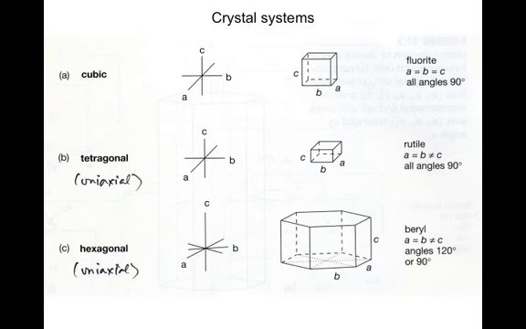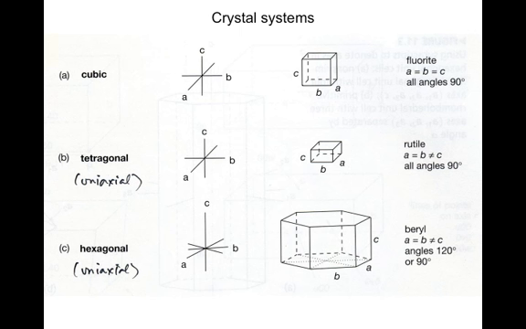Let's look a little bit more closely. Here are the first 3, the cubic, tetragonal, and hexagonal crystal systems. The cubic crystal system, as in fluorite, has the 3 crystallographic axes all the same length, so that's why this says that A equals B equals C. And the angles between those crystal axes are all 90 degrees.